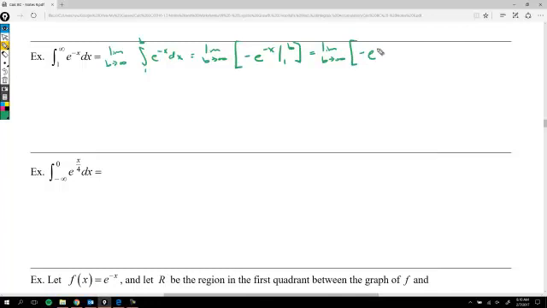So negative e to the negative b, and then plus e to the negative 1, because minus a negative is plus. And so when we evaluate our limit, keep in mind that I have a negative exponent here. So what that really means is I have a fraction. So this is negative 1 over e to the b plus 1 over e.